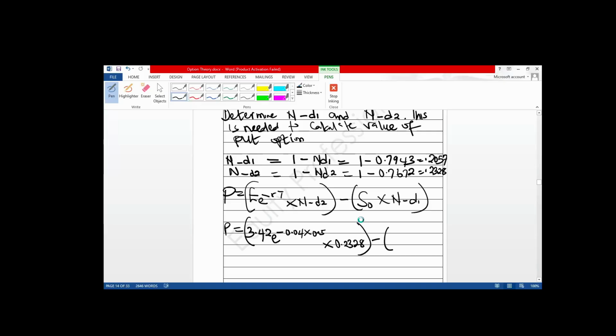Close your bracket minus X0, 3.60, multiply by n minus d1, 0.2057. Let us apply the calculator together.